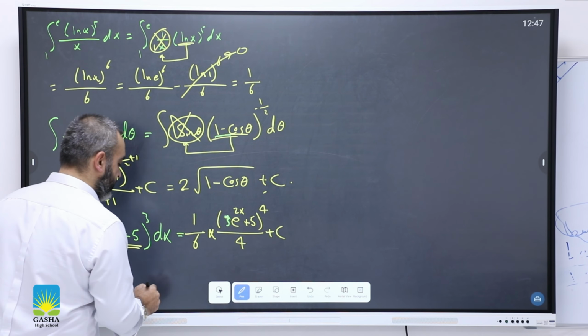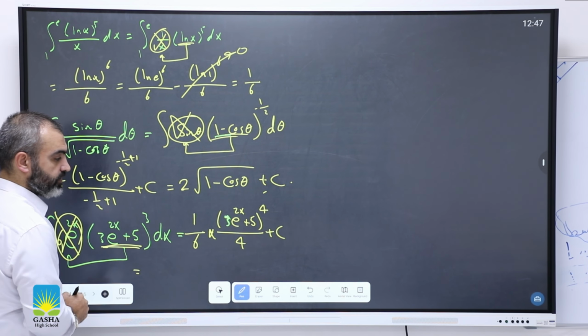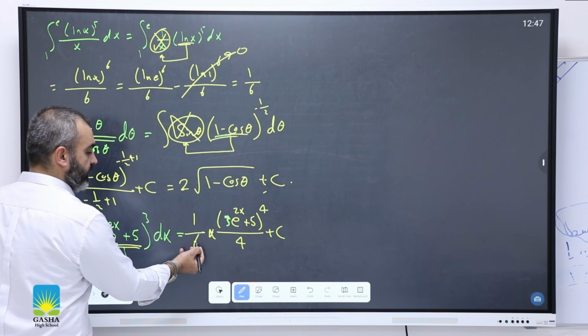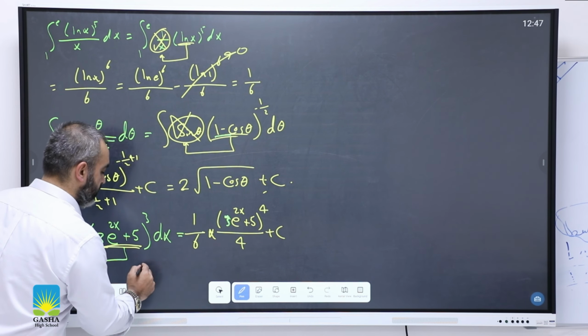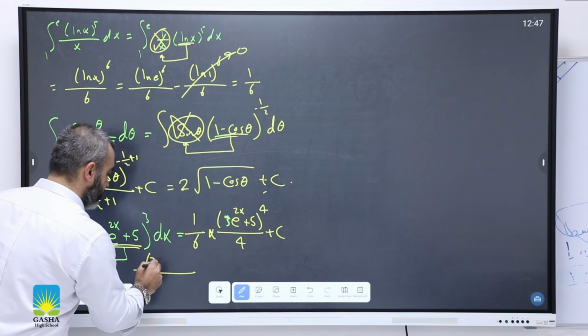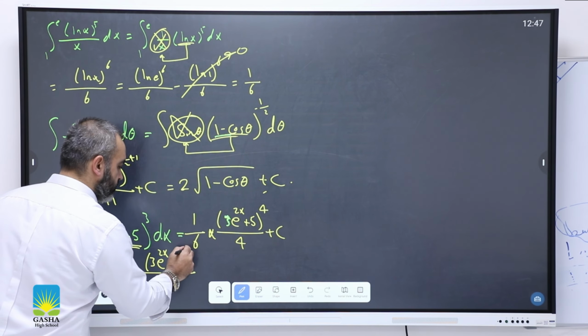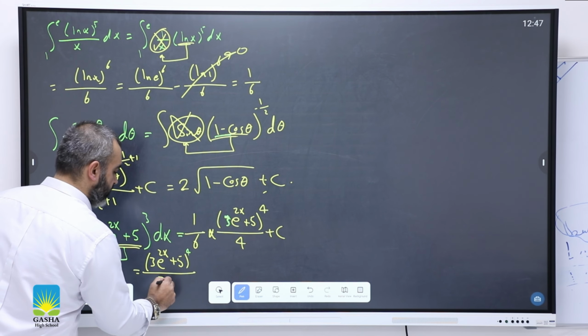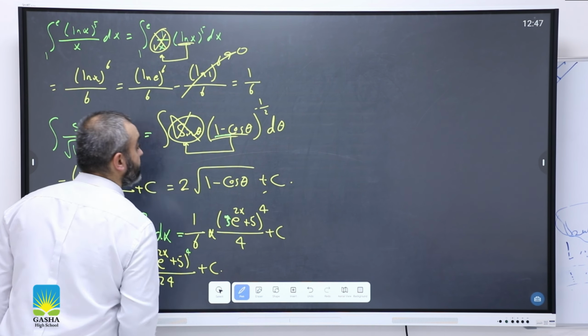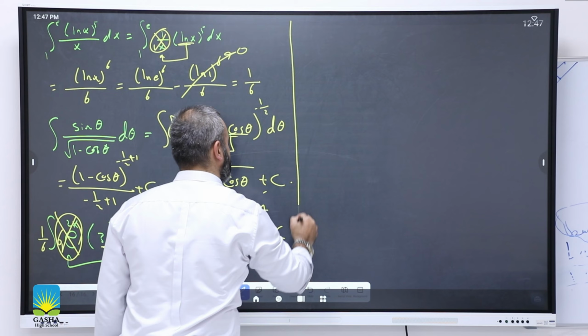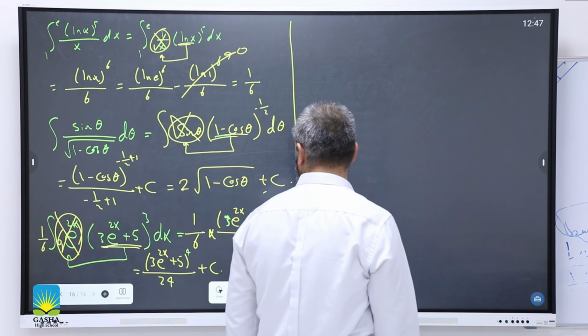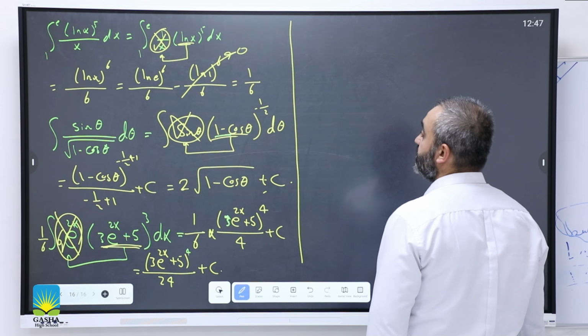And what is the final result? We just multiply 6 by 4. So (3e to the power 2x plus 5) to the power 4 over 24 plus c. So this is the result of this integral.